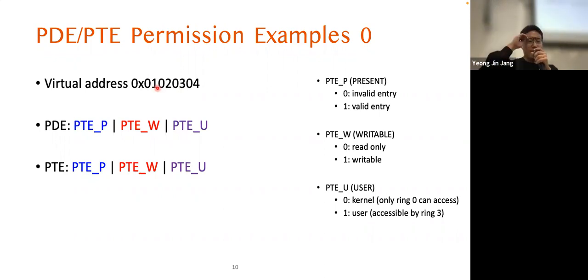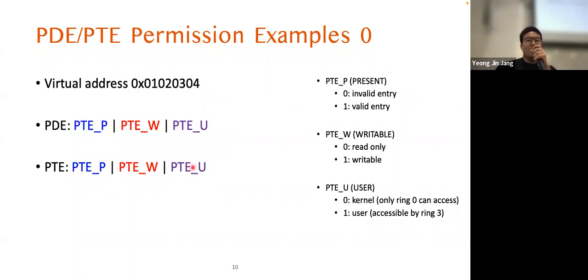That is not shown here, but suppose after using those indexes to get the page directory entry, we see that the present bit, writable bit and user bit are all up, and that is all up for the page table entry too.